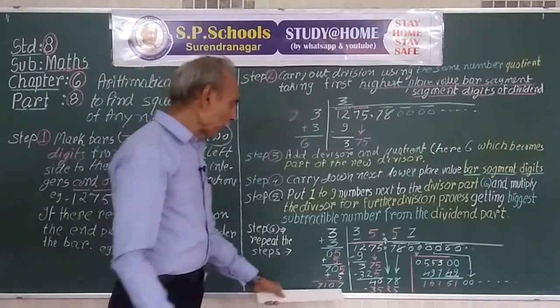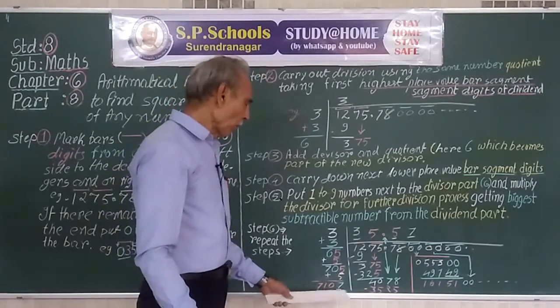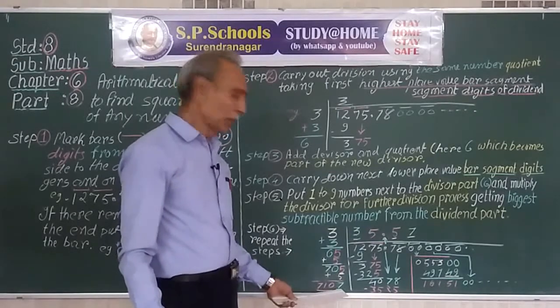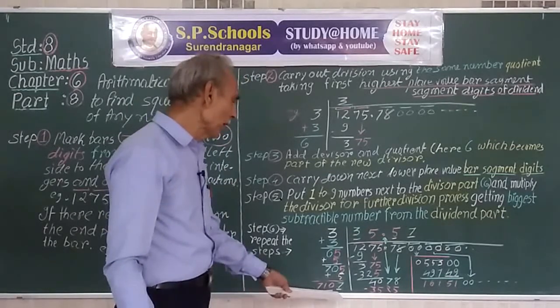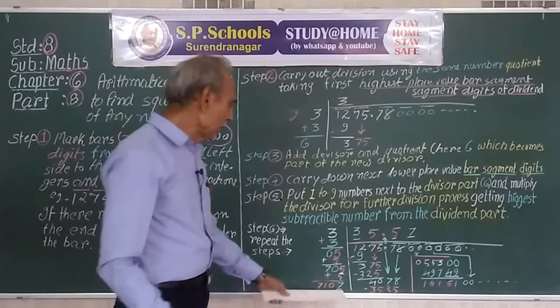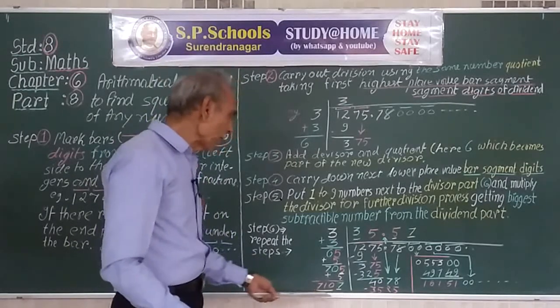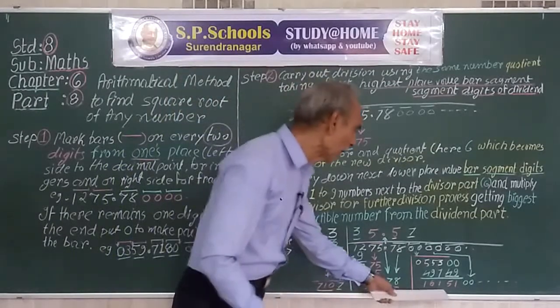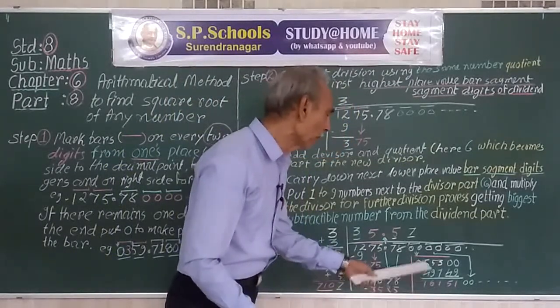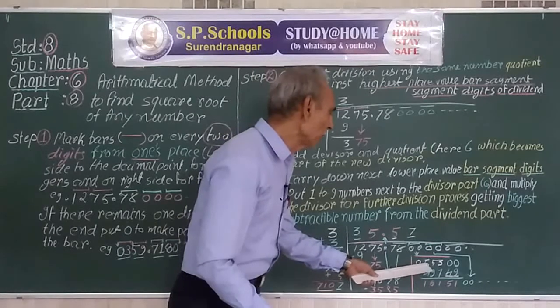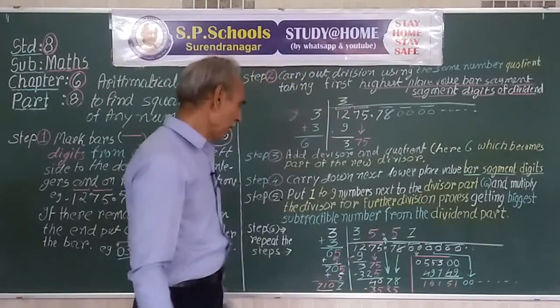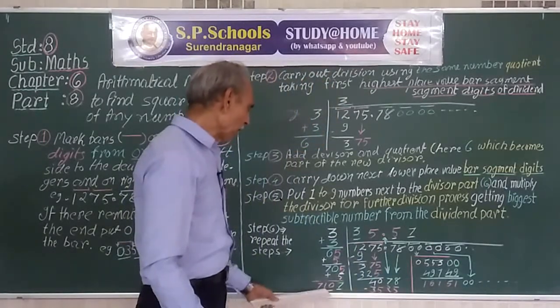Now if we go on putting 1, 2, 3, 4, 5 here at the unit place of the new divisor, we get 7 as the number such that when multiplied with the divisor, we get the highest subtractable number from 55,300, and that is 7107.